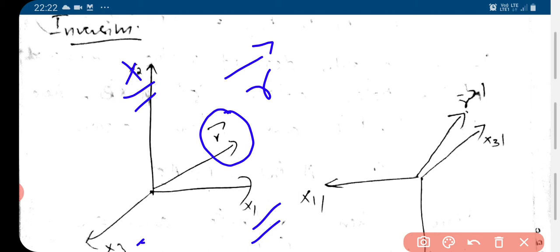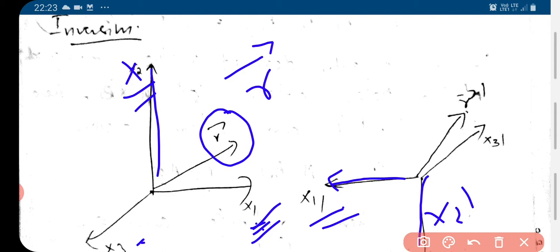And we have the coordinate transformation, x1 prime, that is, the inverted one. This is x1, and x1 prime is in the opposite direction. And this is x2, so x2 prime is in the opposite direction, and likewise x3 prime.